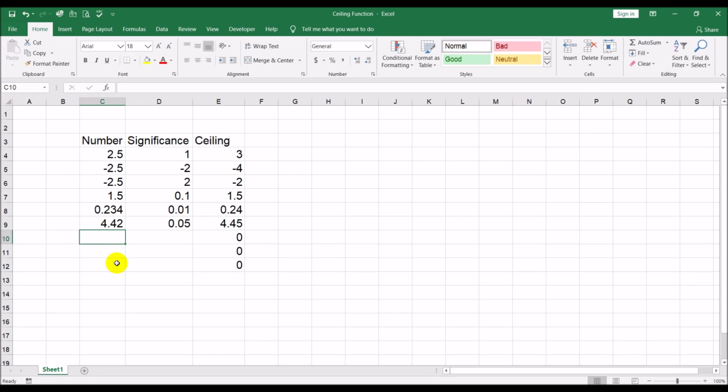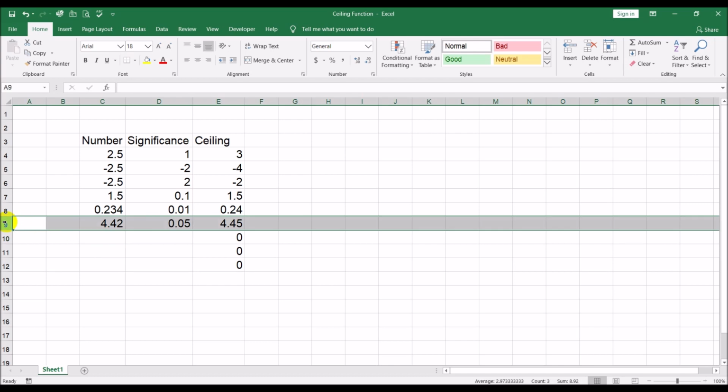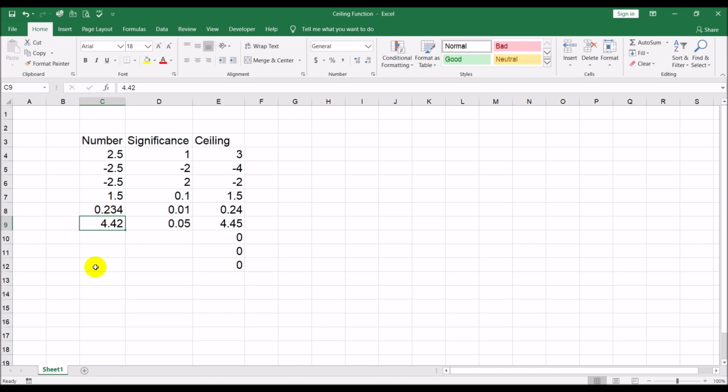So that's basically how you use the ceiling function. And like I said, in this example, you use it when you want to have certain restrictions on the number. For example, in this case you had a store that wanted a price tag of 4.42, but you cannot take pennies. You just have this policy that you don't take pennies, you only take nickels, dimes, and dollars.